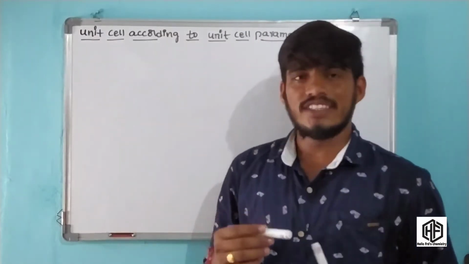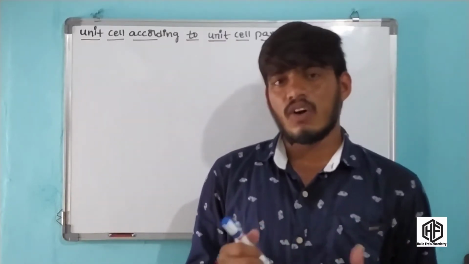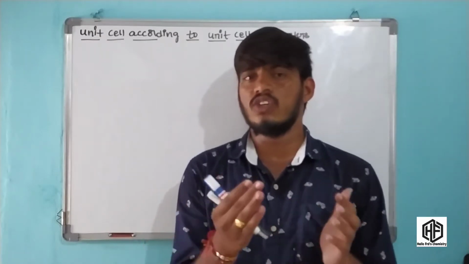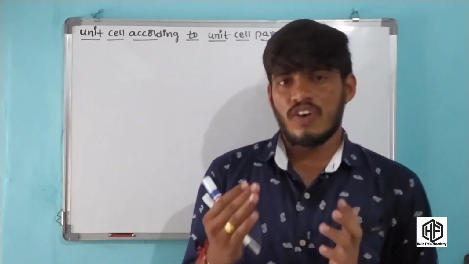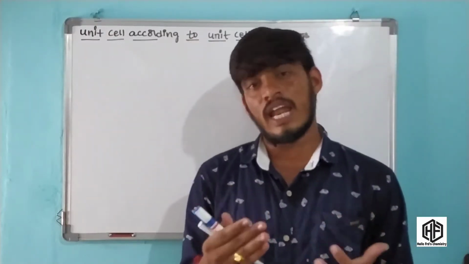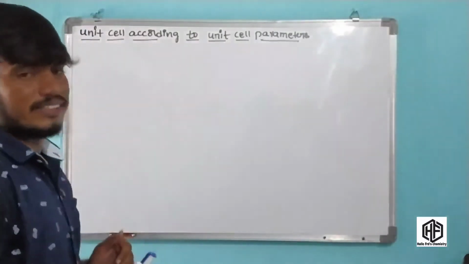Okay friends, now I am going to discuss the unit cell according to cell parameters. Before this, we discussed the unit cell according to atom arrangement, where the unit cell is classified into 5 categories. Now I will discuss the unit cell according to cell parameters. Now what are the cell parameters of a unit cell, okay friends.